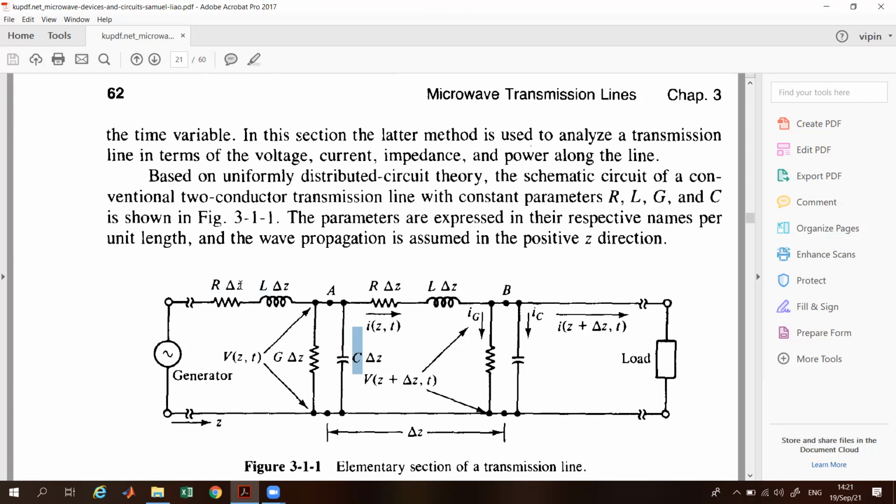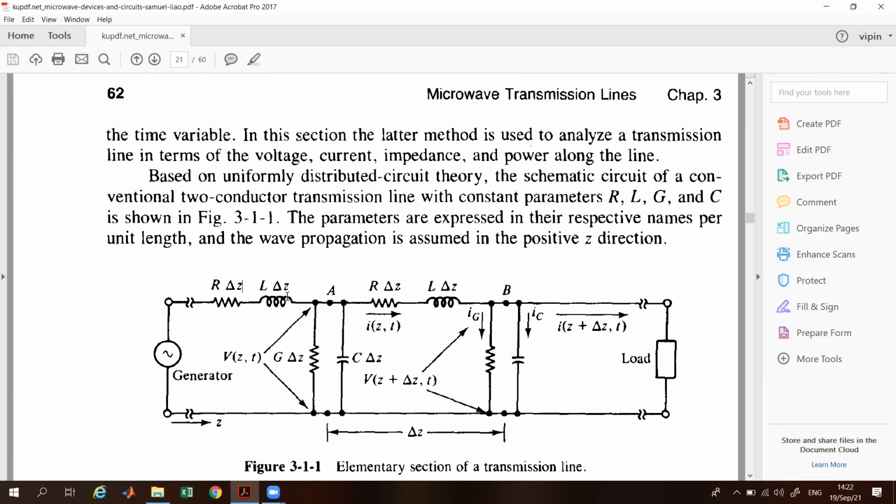So R is your resistance per unit length. This delta Z represents, like we did in the reflection and refraction of EM waves, that they are traveling in the Z direction. We are again assuming that we have resistance, impedance, and admittance in the Z direction.